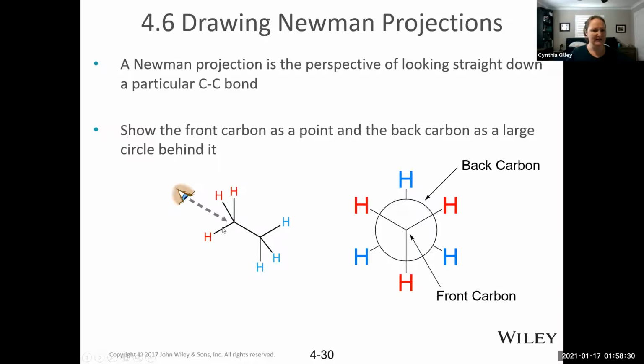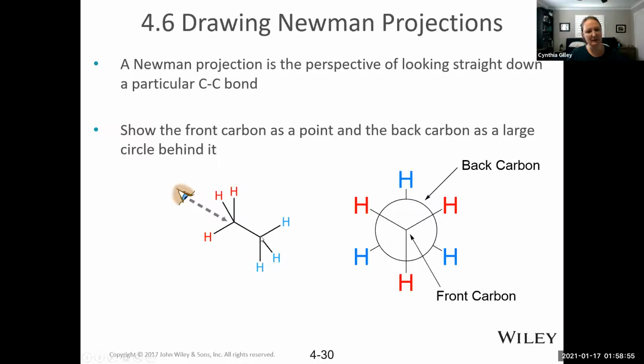So we see that this hydrogen in red is pointed straight down with respect to the observer looking down the bond in this direction. And so that would be this hydrogen atom that's pointed directly down here. And then one of these hydrogens is on a wedge and one of them is on a dash. Those are the two hydrogens off to the left and right with respect to this person's perspective.